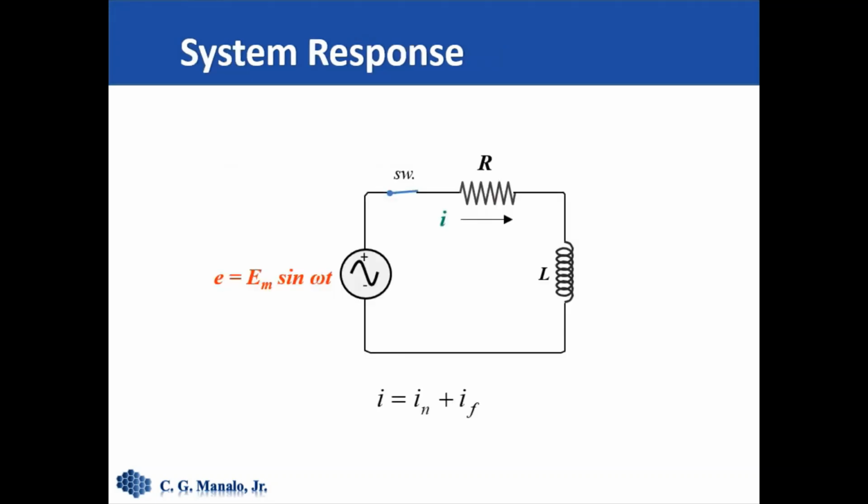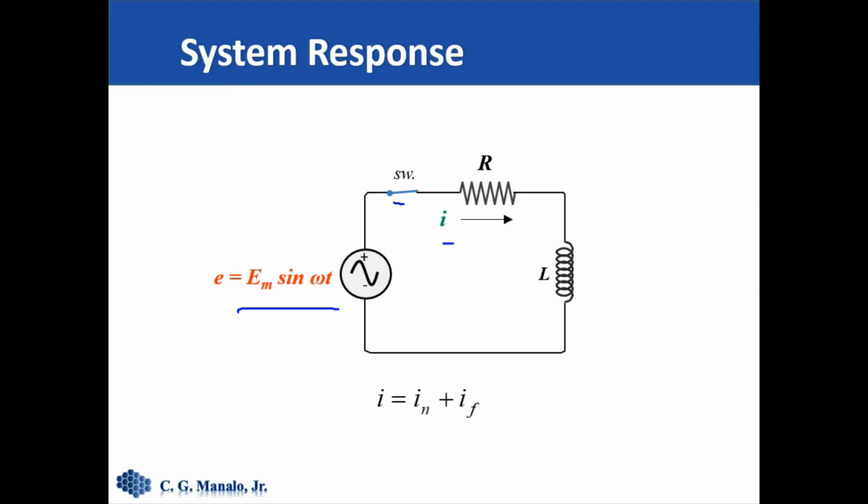Here we have a series RL circuit, and this circuit is driven by a simple sinusoidal source via a switch. The question here is, what is the response of the circuit, or the resulting current, when we close the switch?